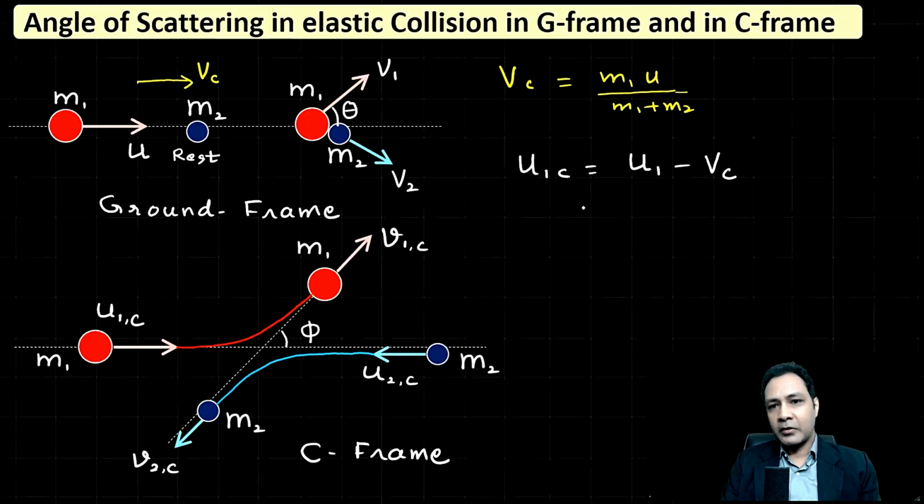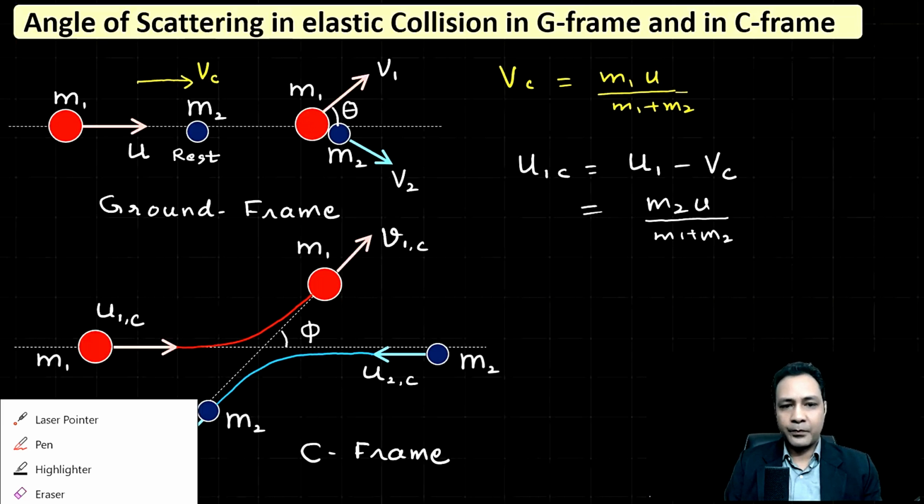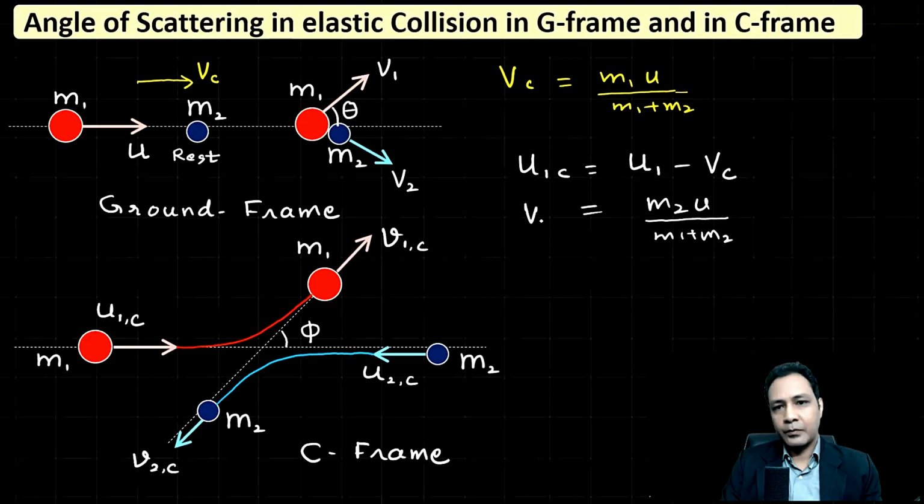If we put in this value of vc, we will get m2u upon m1 plus m2, and this u1c is actually v1c. So v1c is equal to m2u upon m1 plus m2.